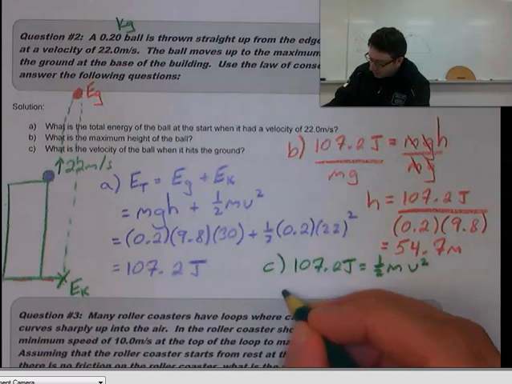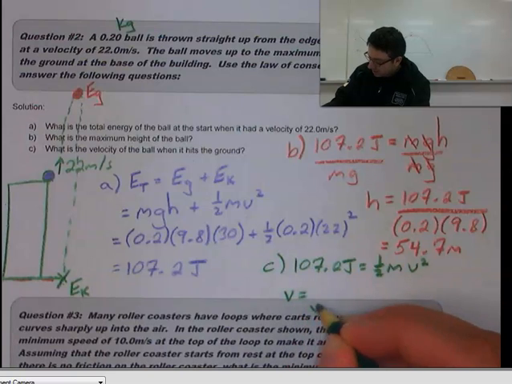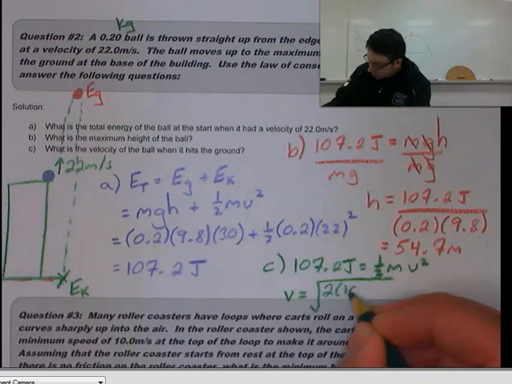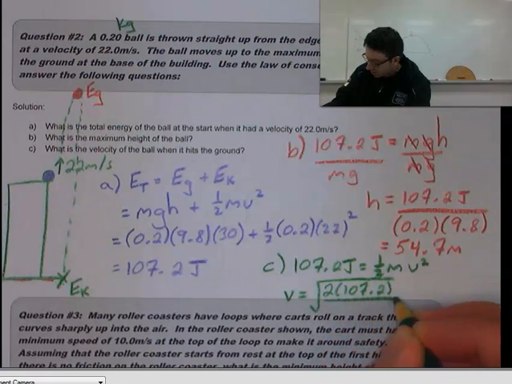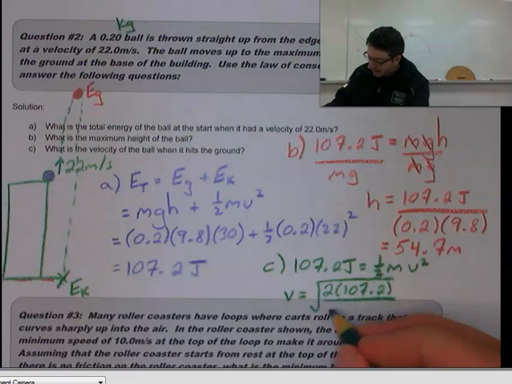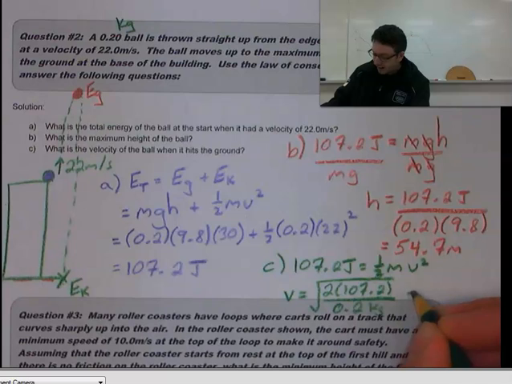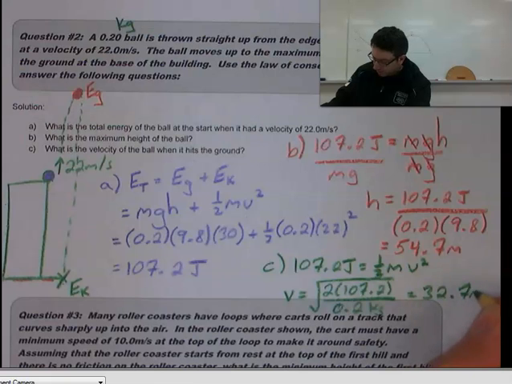Take the square root, and you get the square root of 2 times 107.2 joules divided by the mass, 0.2 kilograms, and we get a speed of 32.7 meters per second.